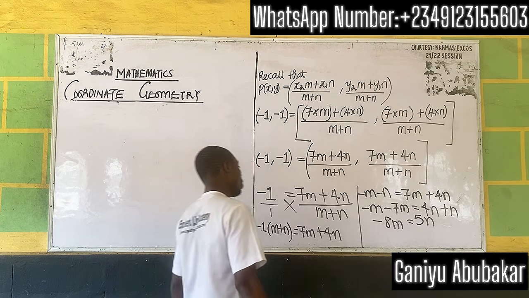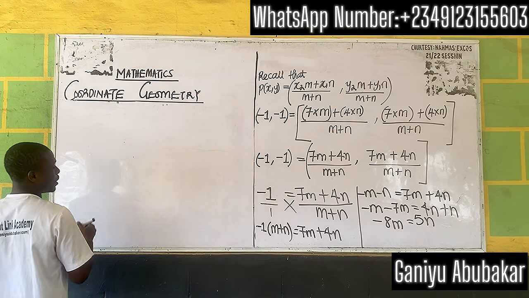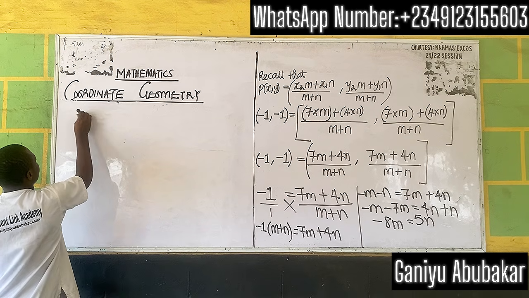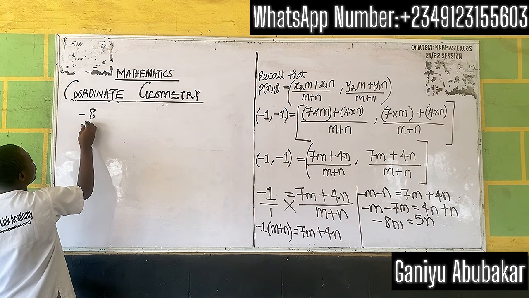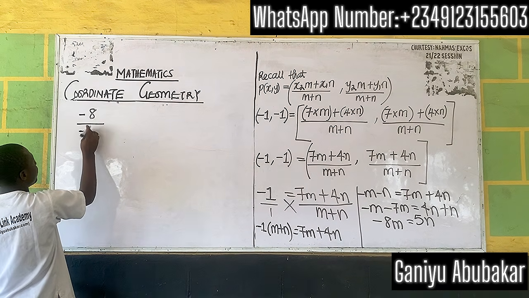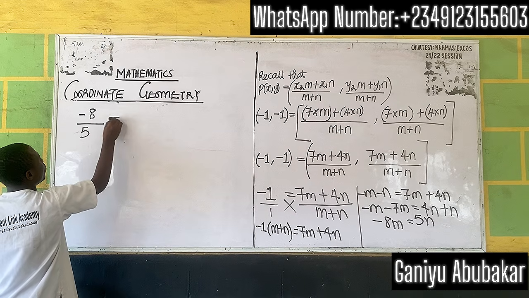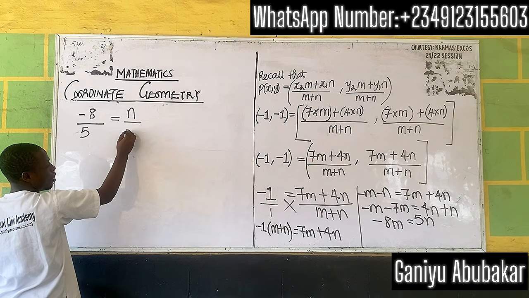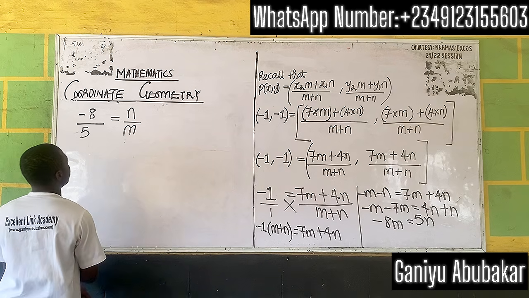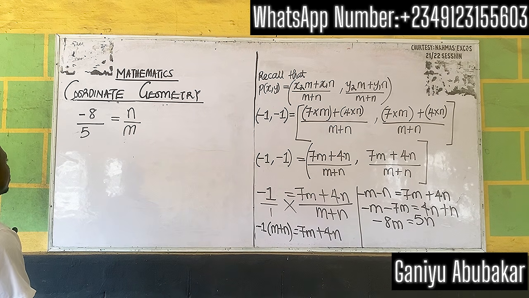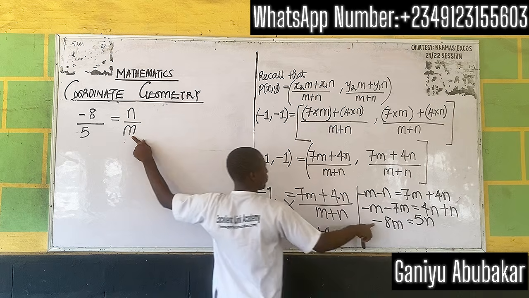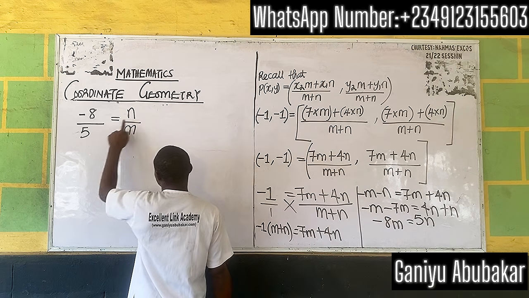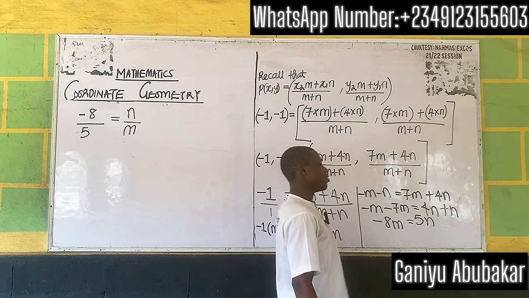All right, from here now look up. This can be written as -8 over 5, n over m. Yes, because observe, minus 8 times m gives you minus 8m, then 5 times n gives you 5n, right?